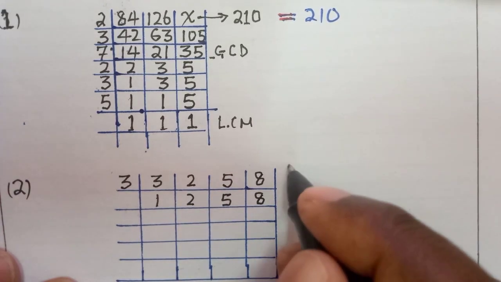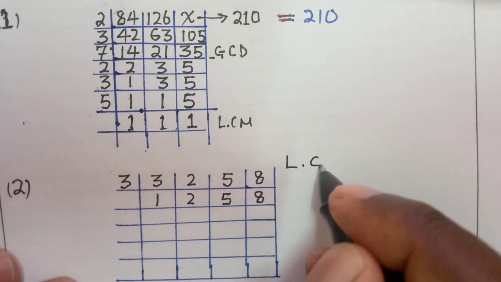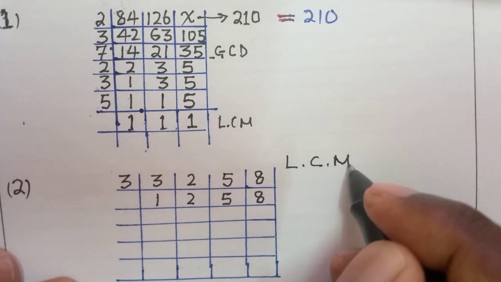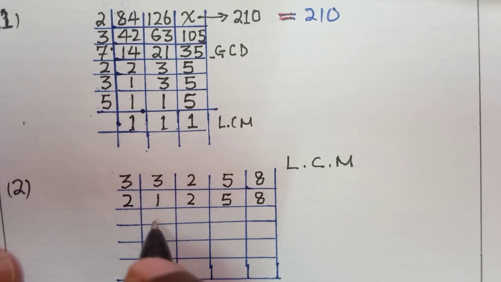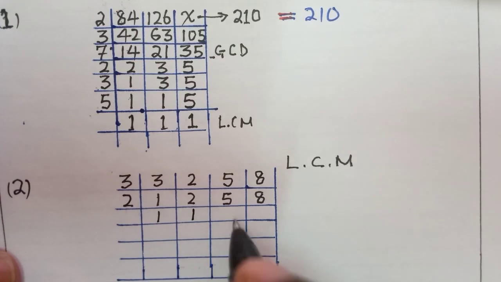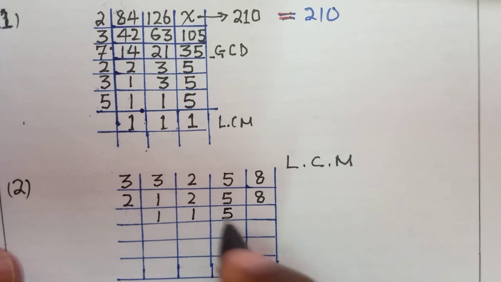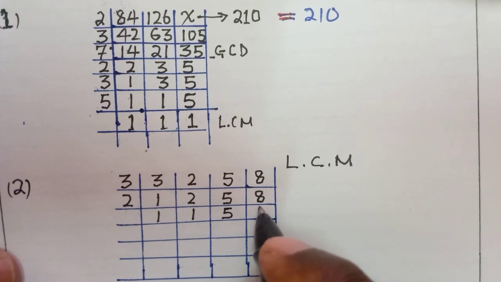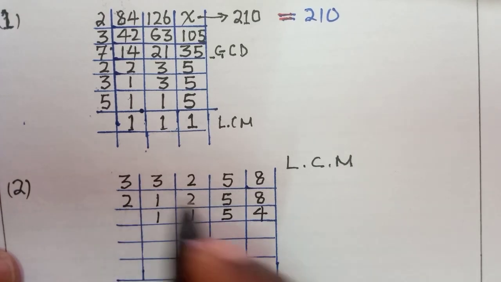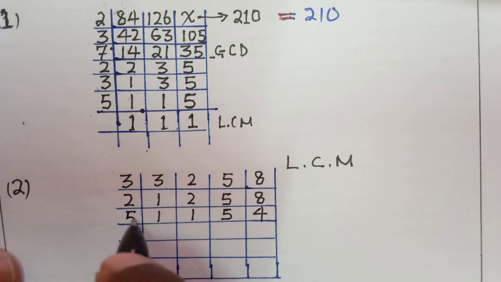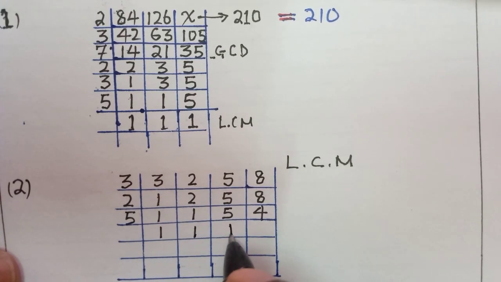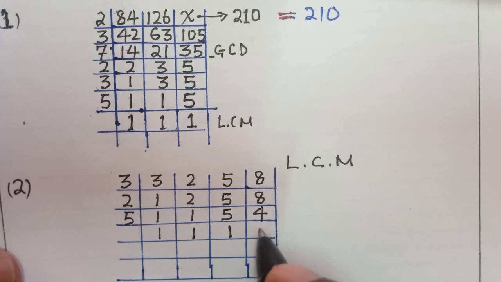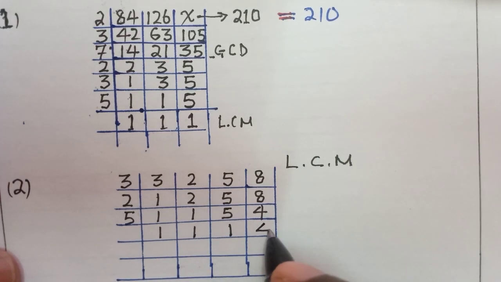We are looking for LCM. We can divide by 2 now. This is 1, 1, 5. This one is going to be now 4. We divide now by 5. This is going to be 1, 1, 1. And this is going now to be 4, like that.